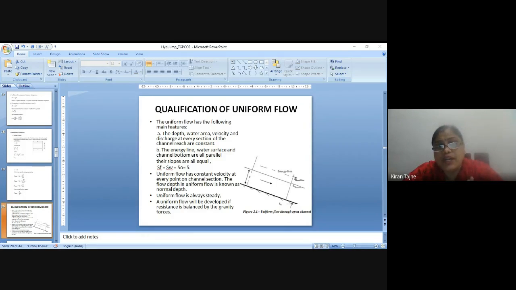At this moment or afterwards, the flow becomes uniform. Clear? So the upstream reach required for the establishment of uniform flow is known as the transitory zone, and in this zone the flow is accelerating and varying.